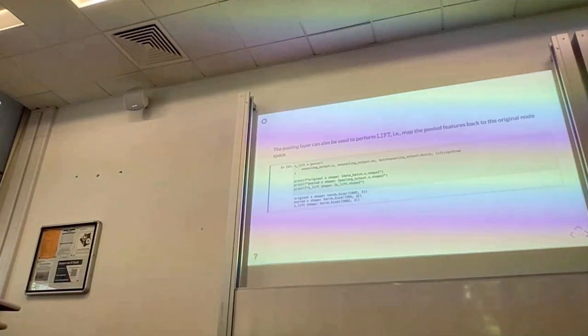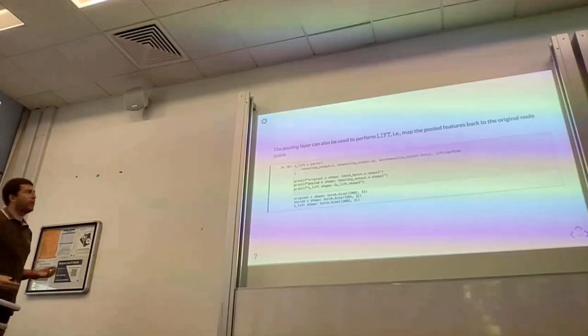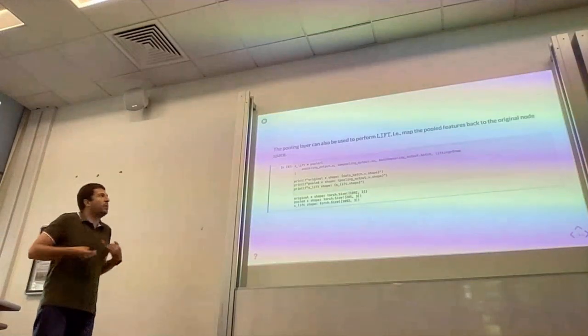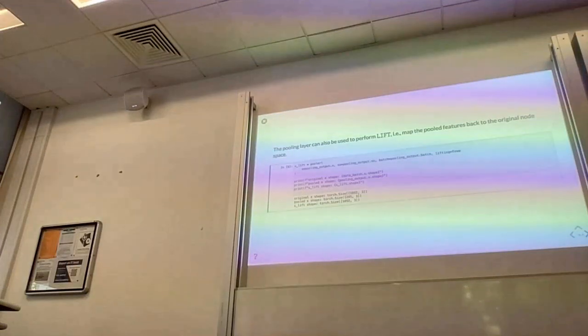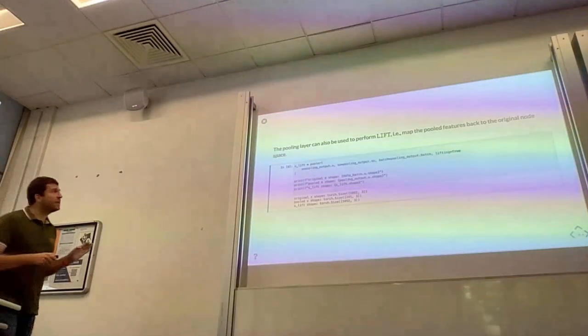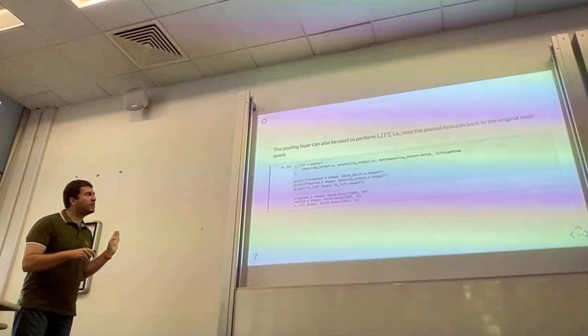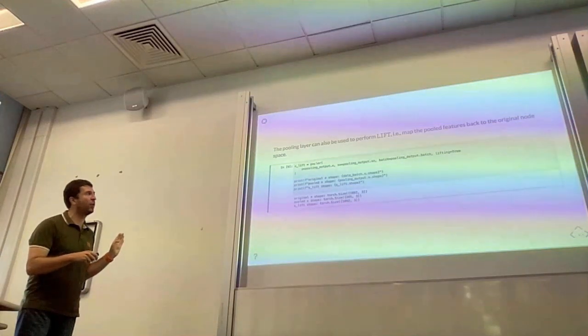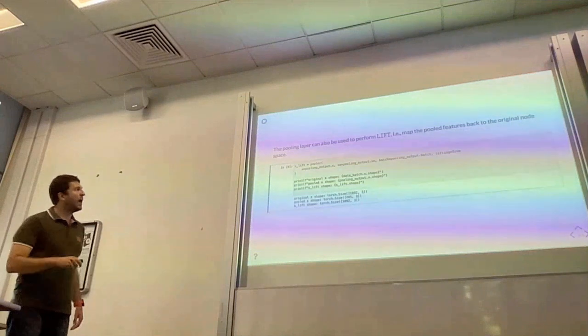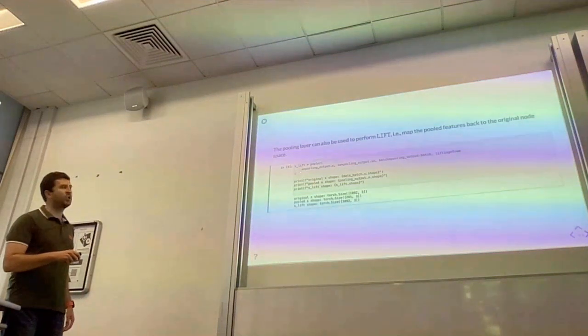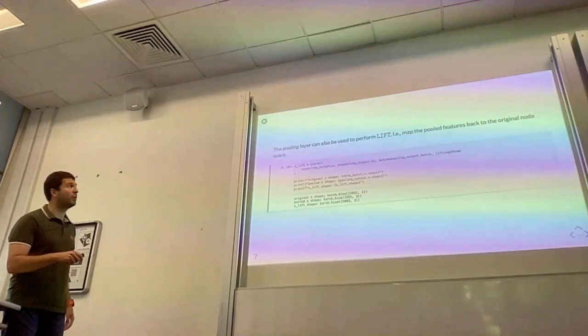So the pooling layer can also be used to perform this lift or unpooling operation, which is mapping the nodes back to the original features. And we see that all we have to do is to call the same object as before. We have to specify here this flag lifting equals true. And this time, of course, we don't pass the original node features, but we pass the features of the pooled graph.